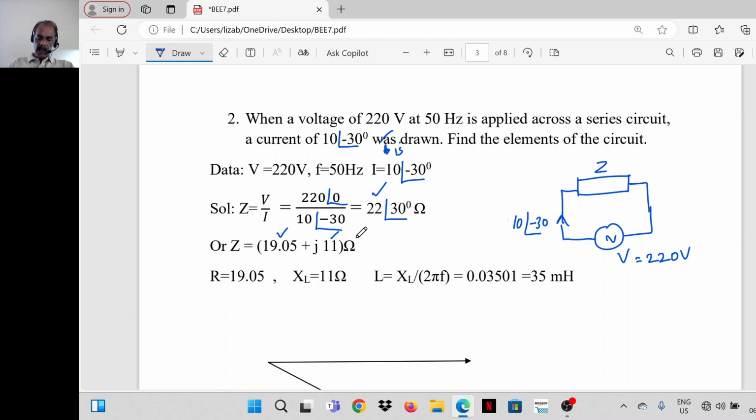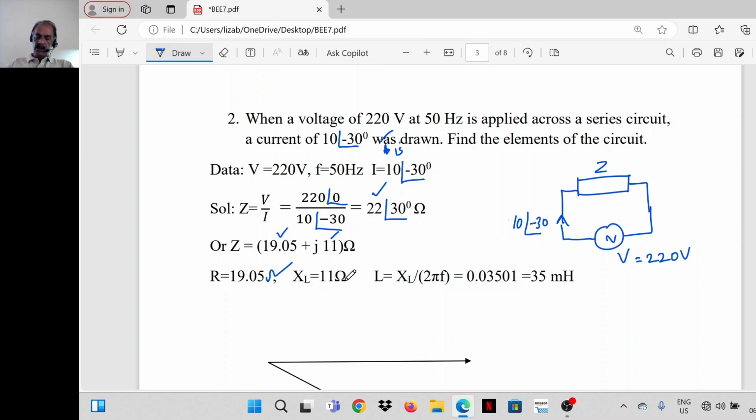From this it is clear that the real part is a resistor of value 19.05 ohm. The imaginary part is an inductive reactance because it is plus j11, that is XL is equal to 11 ohm.